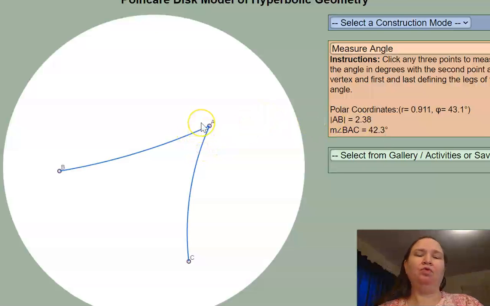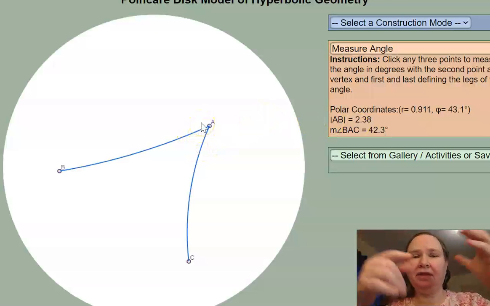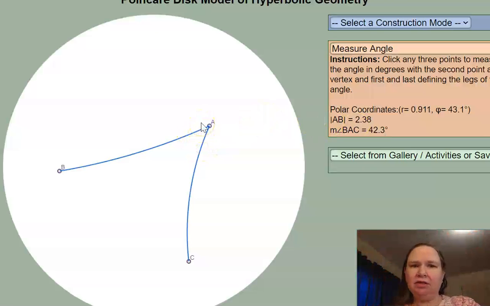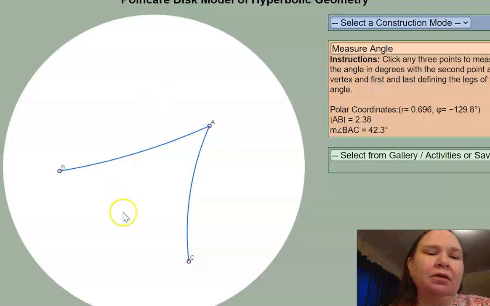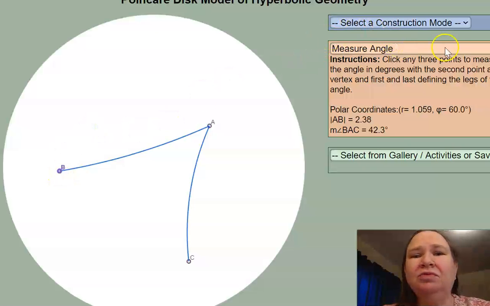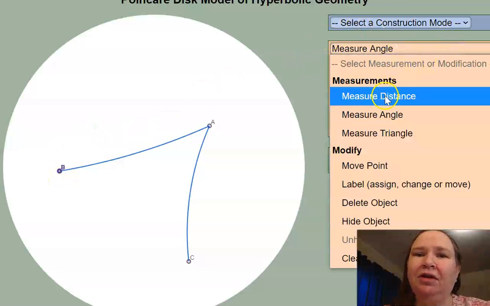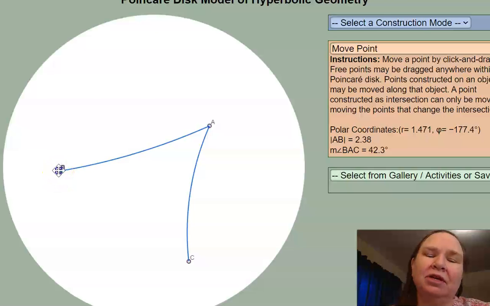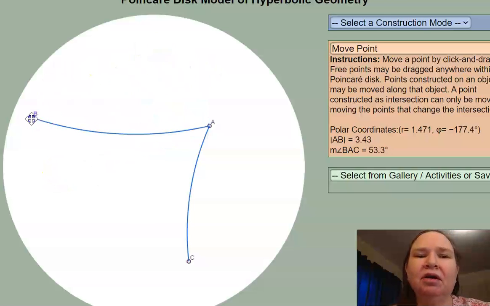And if you went to the hyperbolic plane that this is a map of, and you drew out these same segments on the hyperbolic plane, you would also get about 42 degrees. So that's why I like this model of the hyperbolic plane. I like it because it preserves angles. Also because it's nice and symmetric. It's nice and round.